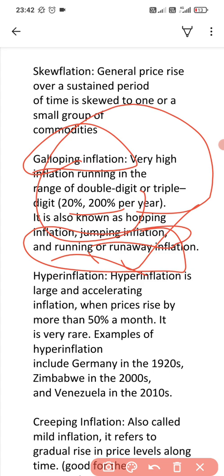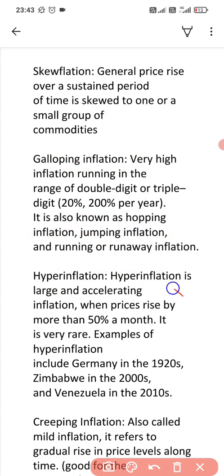And the similar but to a greater extent is hyperinflation. Hyperinflation is large and accelerating inflation, that is when prices rise by more than 50% in a month. मतलब जब इन्फ्लेशन एक महीने में कई बार हो जाती है, सब मिला के when it comes together, then prices rise by more than 50% in a month, then it's considered hyperinflation.